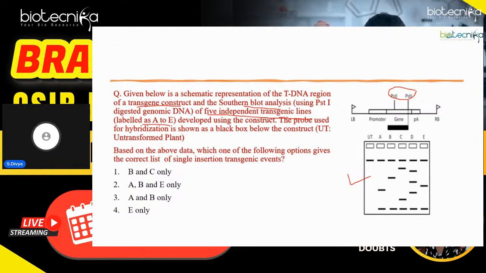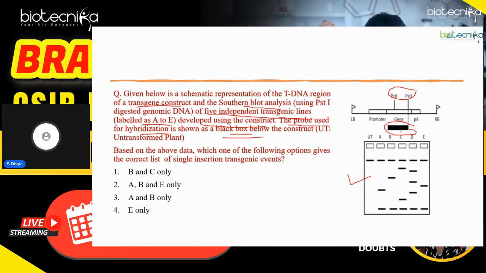You are getting 5 independent transgenic lines that are developed using the construct. Then you will find a probe used for hybridization, which is seen as a black box below. So this is your probe.